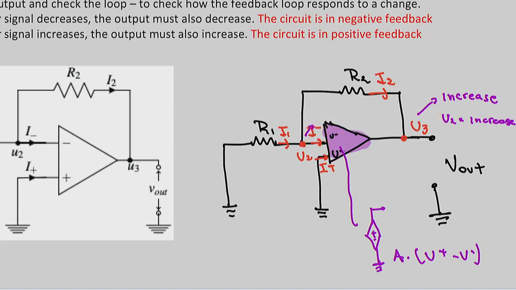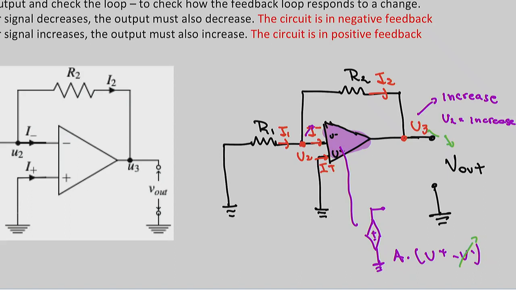Now, inside the amplifier, you have the voltage differential, which is U plus minus U minus. So if U minus increases, that means your output, which is U plus minus U minus, will decrease. So U3 will decrease after the feedback, which is what we want.